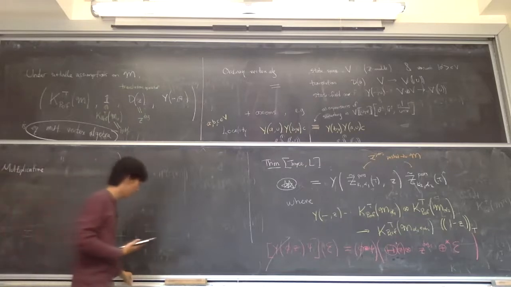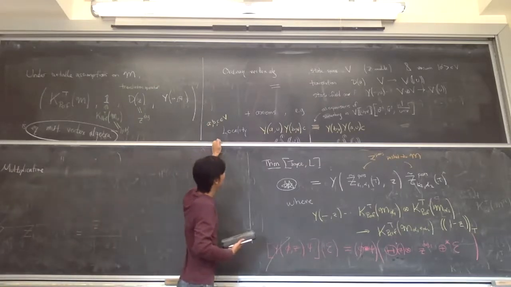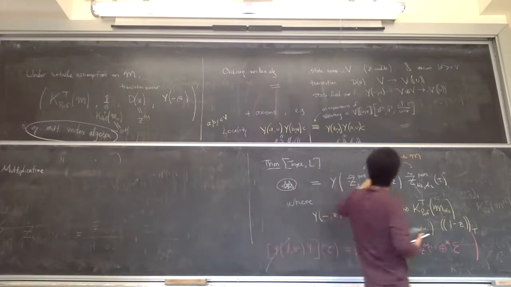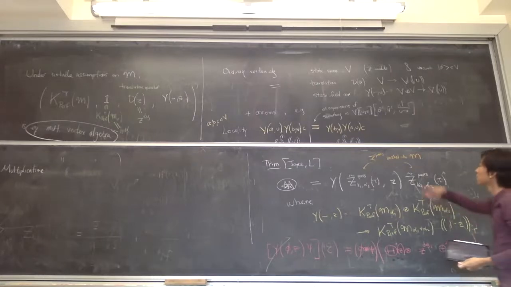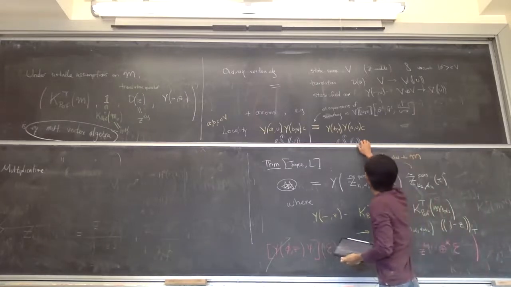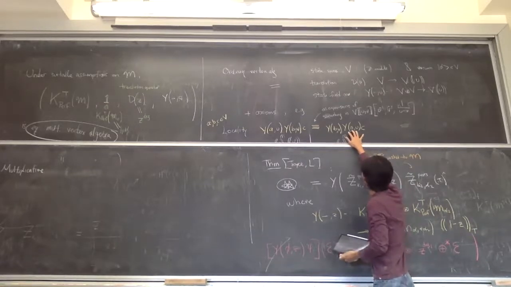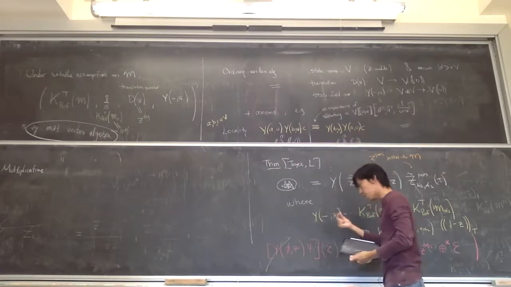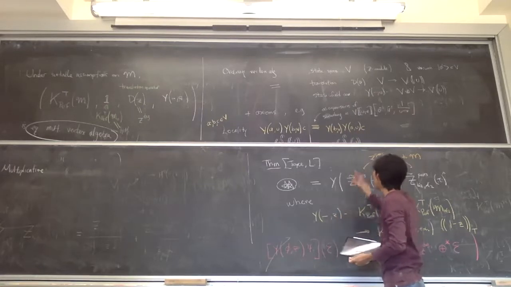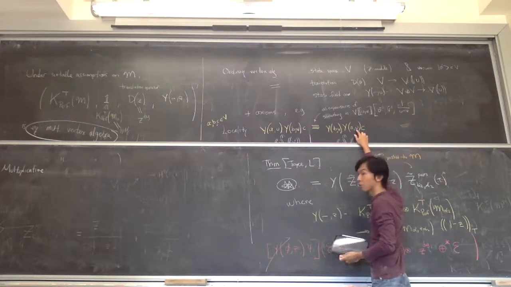the state field correspondence is you take two operators, multiply them together and look far away, see what you get. You should think that the output of Y being applied to some state A will be some kind of operator which has some meromorphic dependence on your formal variable u.